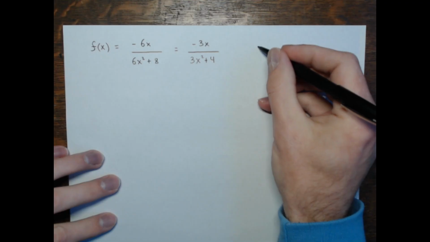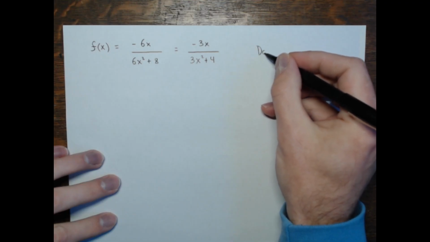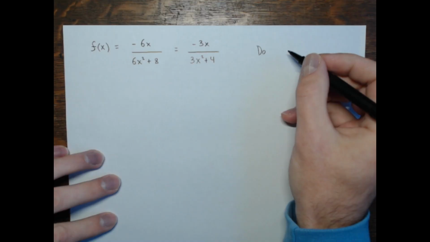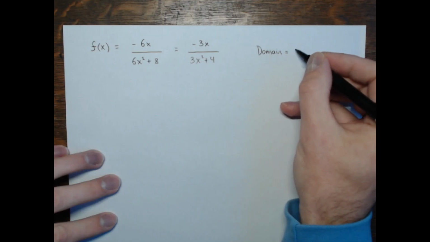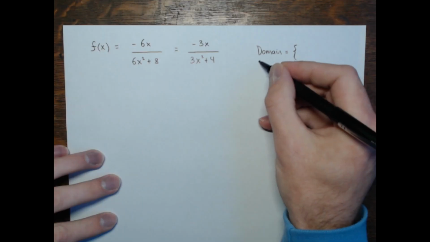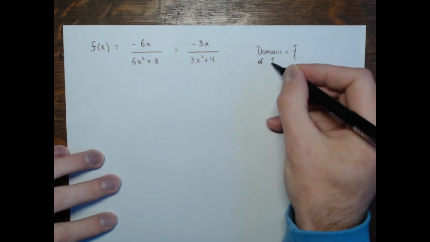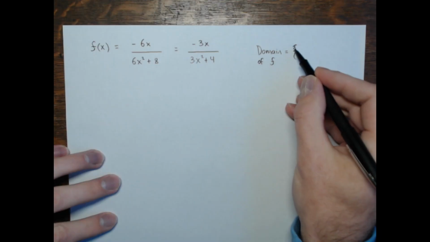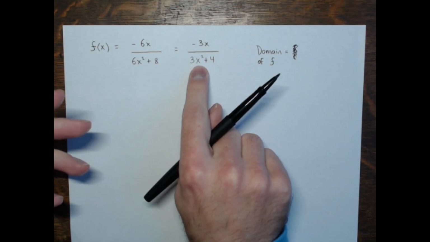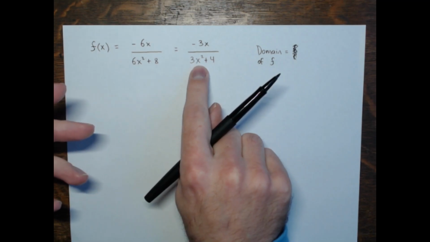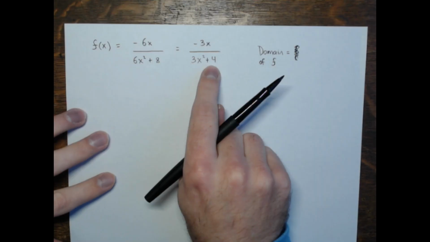Now, once again, because I only want to work with critical values that are actually in the domain, state the domain of this function. So the domain of f, let's do interval notation. Now it does have a denominator, 3x squared plus 4.